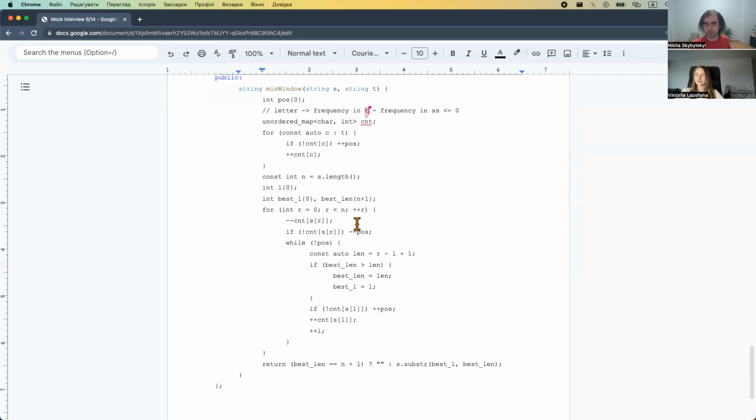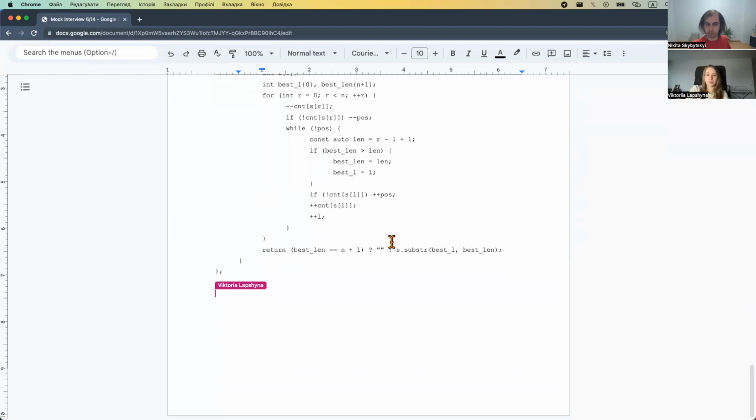Sure. I would like to go over your example if you don't mind. Sure. Okay, let's start with this example. Are comments like this in C++? Well, this is very long.